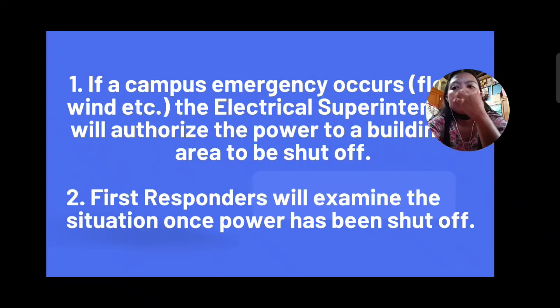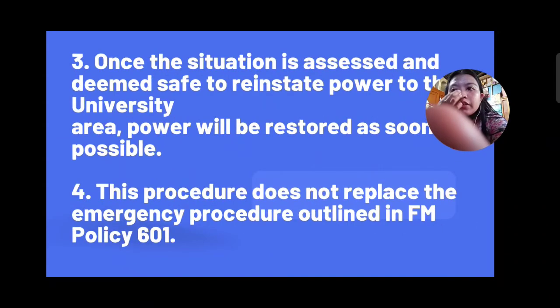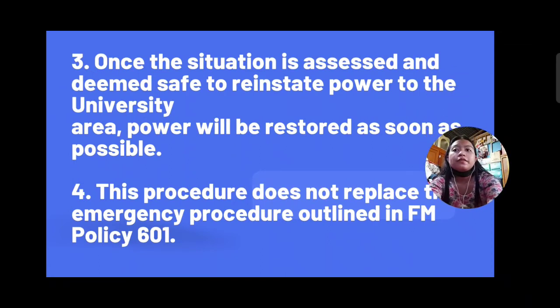So second, the first responder will examine the situation once power has been shut off. And the third one is once the situation is assessed and deemed safe to reinstate power to the university area, power will be restored as soon as possible.